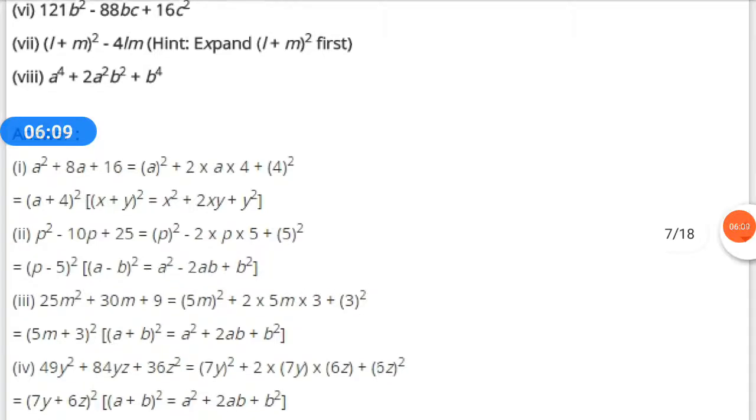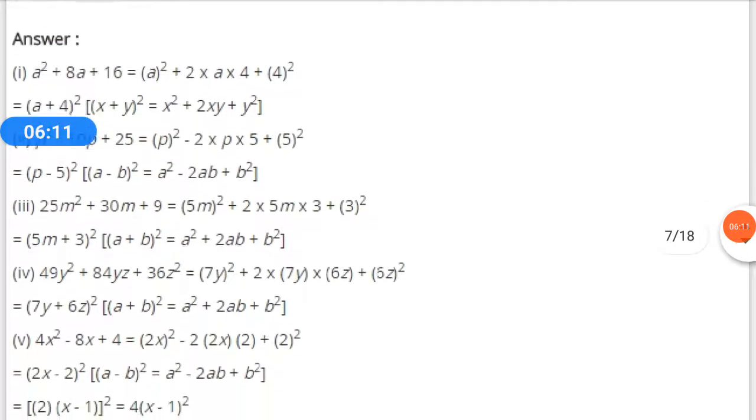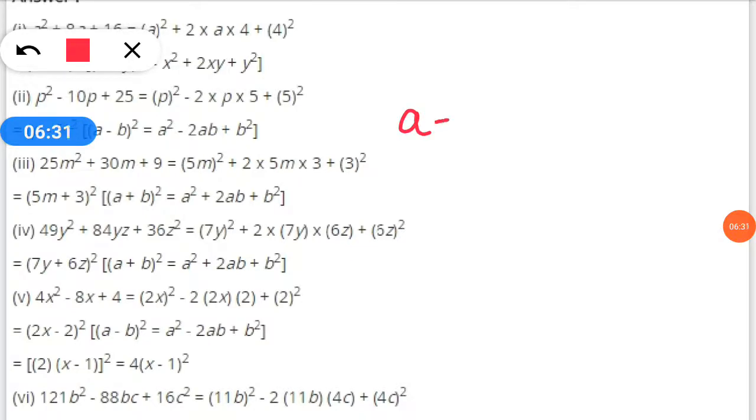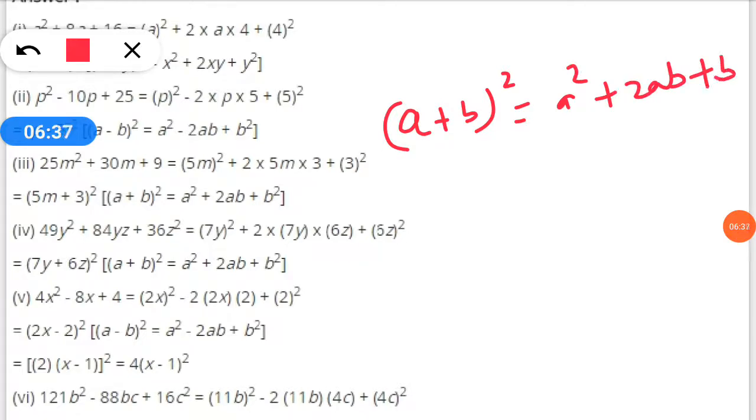Understood everyone? Now in this way you can do the rest of the questions, they are the same. Here in this solution you can see on this screen it is split in the form of identities. Do you remember, when we studied the chapter algebraic expressions, we studied some identities, like a plus b the whole square is equal to a square plus 2ab plus b square.